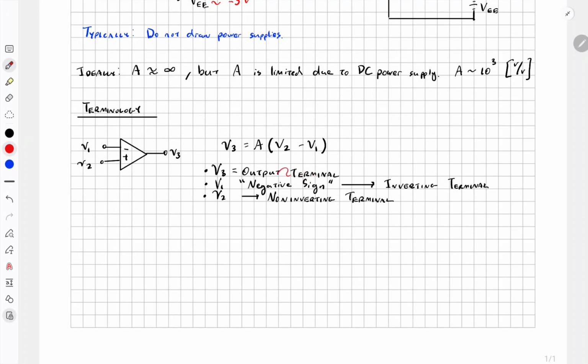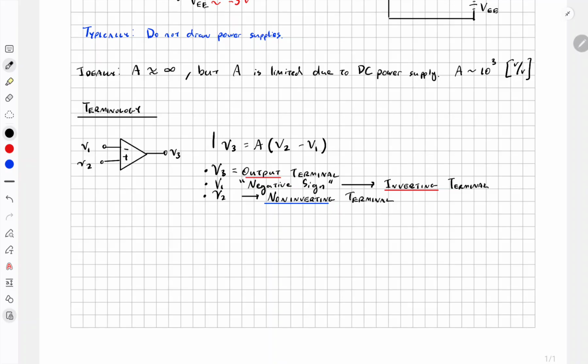So V3 is the output terminal. V1 has a negative sign, so it's the inverting terminal. And V2 has a plus sign, lacking the negative sign, so it is the non-inverting terminal.